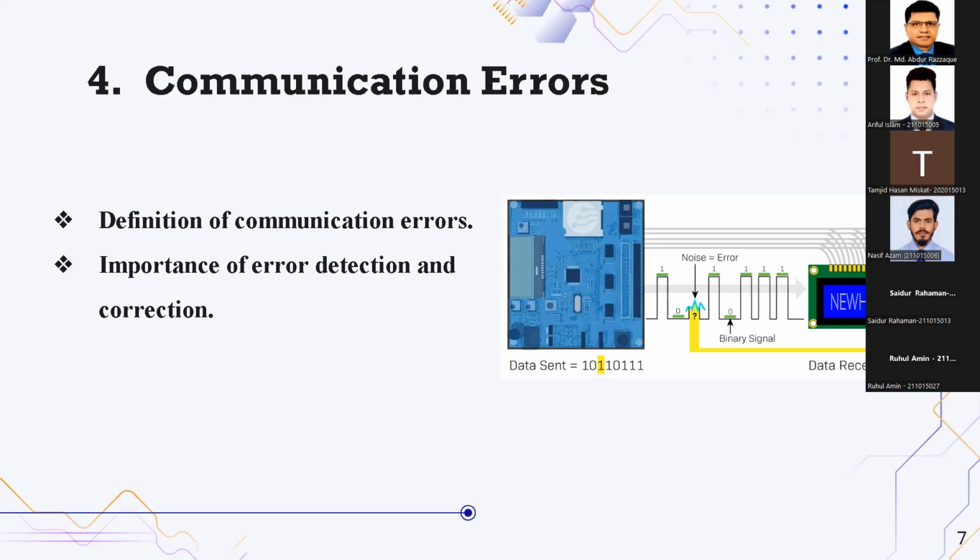Here the error occurs in the third bit. It is replaced by noise, so the actual data is not received at the receiver point. So error detection and correction is important to maintain data integrity, which was discussed in the previous slide by Ruhul Amin.